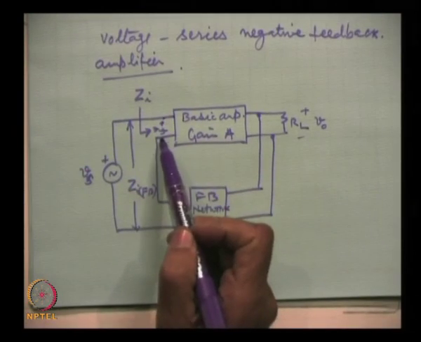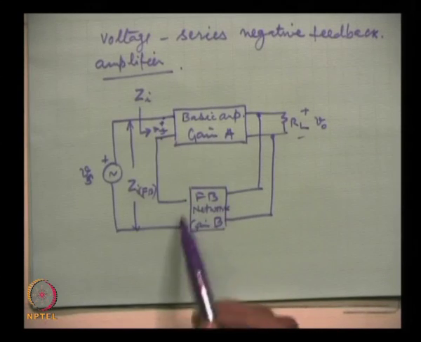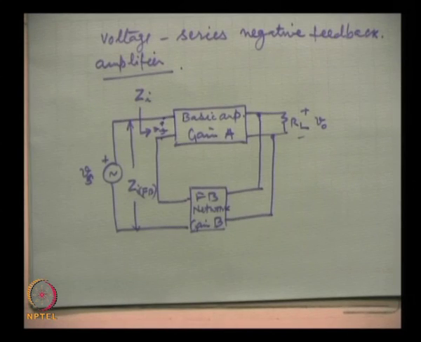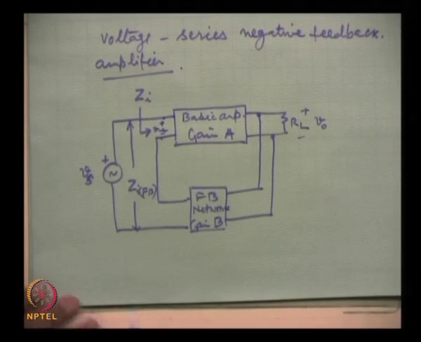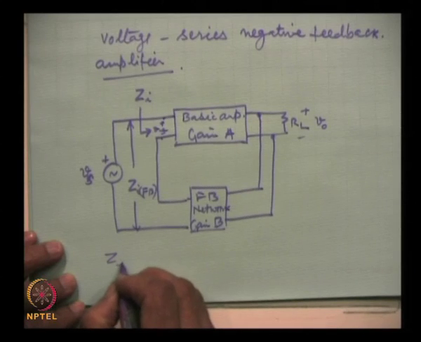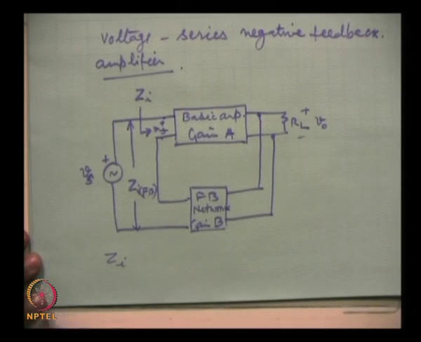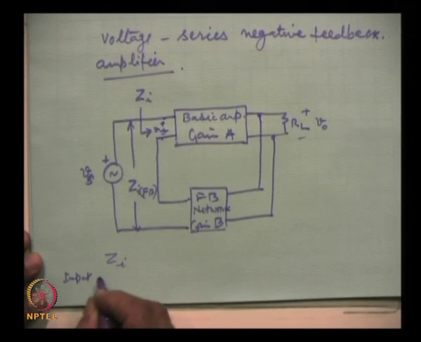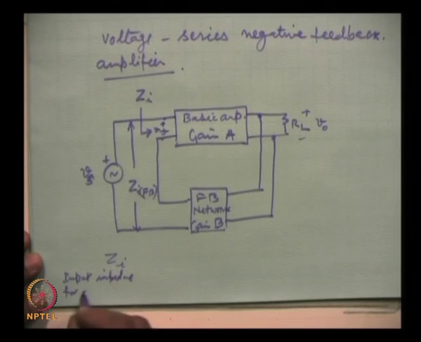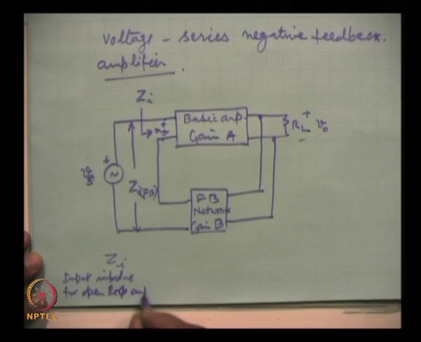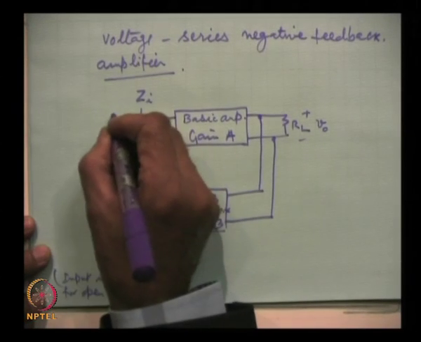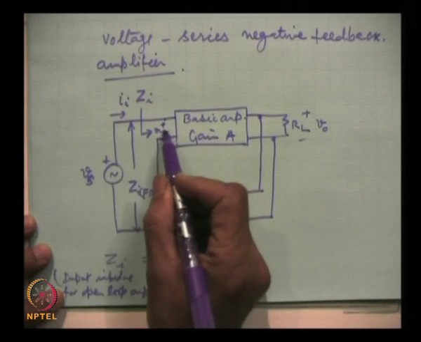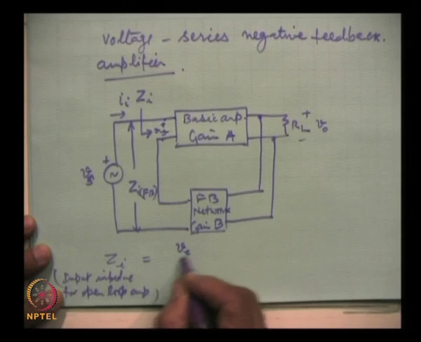So, when we measure the input impedance here, this will be open loop input impedance, but when we incorporate the feedback, that is between this terminal and this terminal, when we measure the input impedance, it will be Z I F B. So, by definition in this circuit, Z I, which is input impedance for open loop amplifier, is obviously, if the current here we take as I, the voltage is V E. So, this is V E by I, simple Ohm's law.